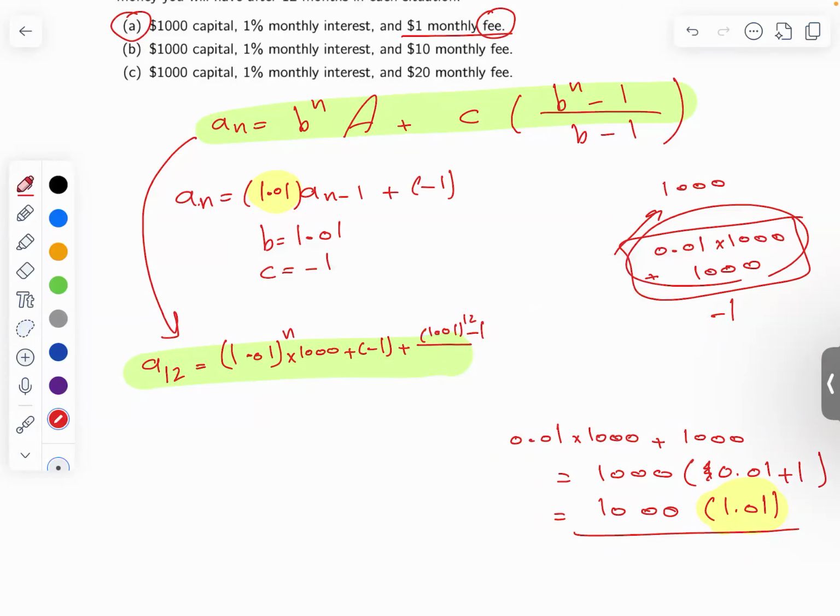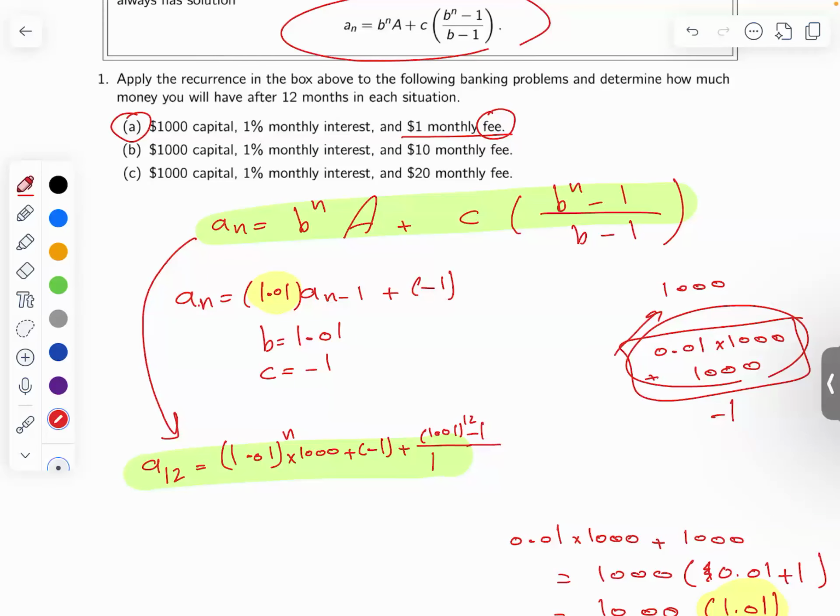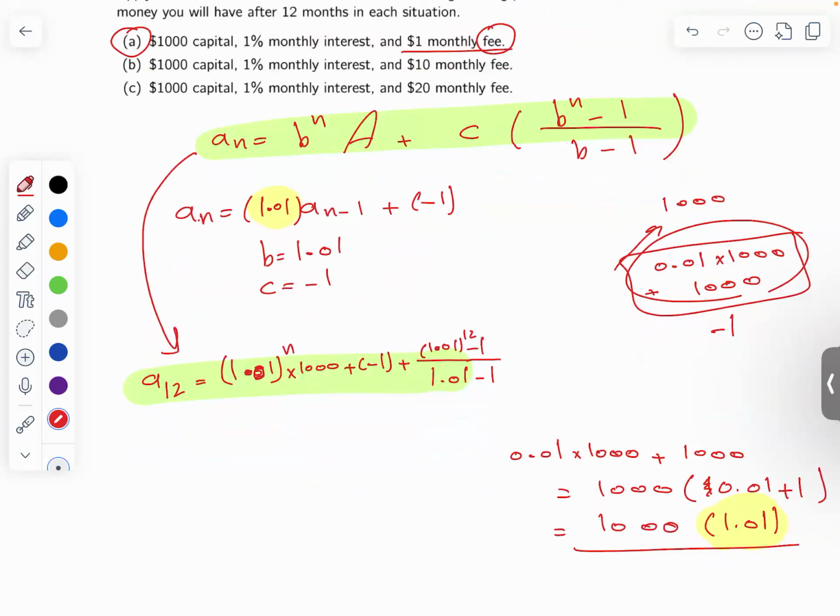Pardon? 1.01 minus 1. Yeah? It's not. Which one do you say? This one? Here?